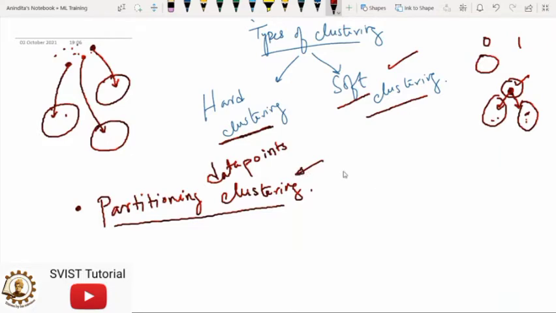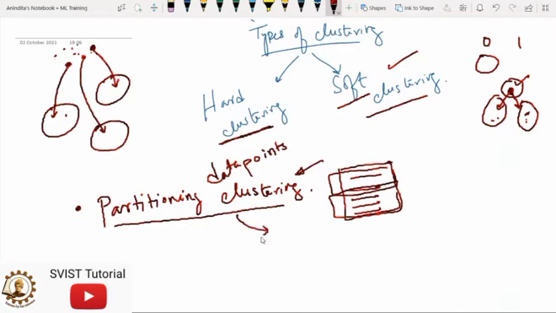This kind of clustering divides the data points into non-hierarchical groups. In one word, partition-based clustering is a centroid-based method, right?